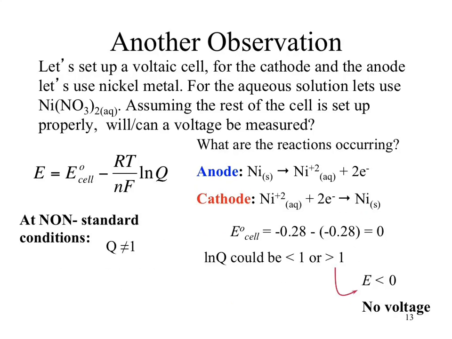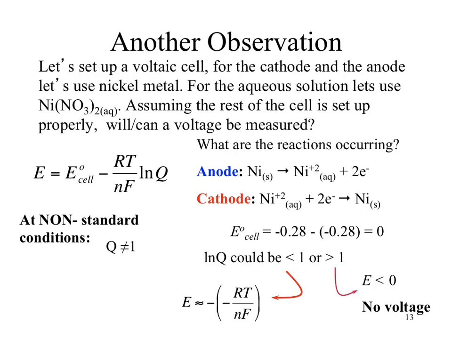But what happens if our natural log of Q is less than 1? Now if we go through and do the substitution, our cell potential will be roughly equivalent to our standard cell potential of 0 minus some negative number, which means positive cell potential.